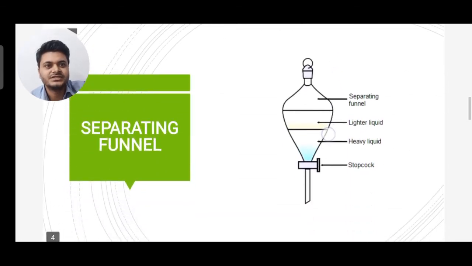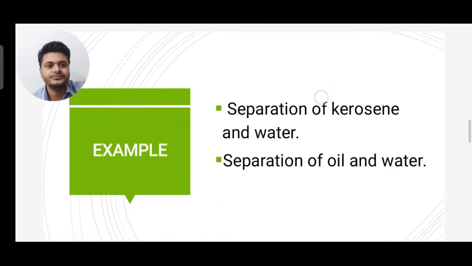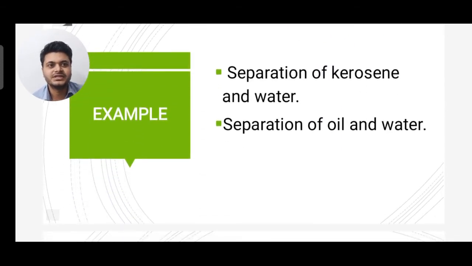You can see the structure of a separating funnel, the lighter liquid, the heavier liquid and the stopcock. Examples are the separation of kerosene and water, and the separation of oil and water, by separating funnel.